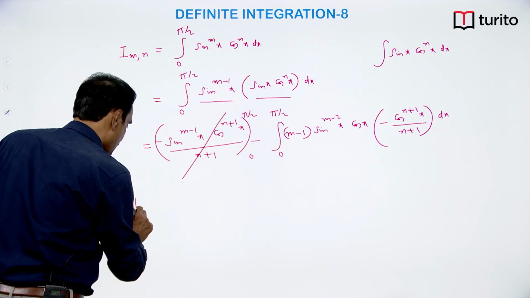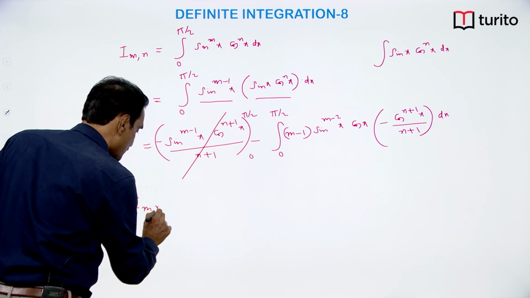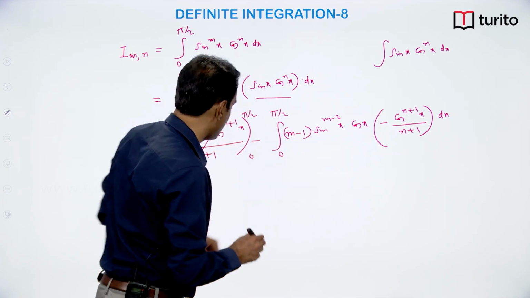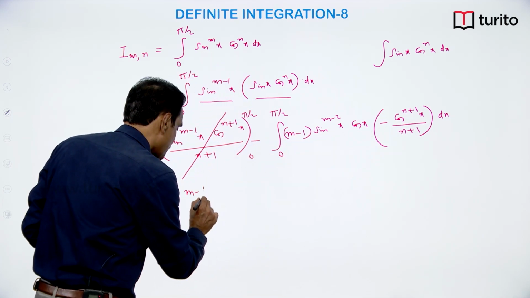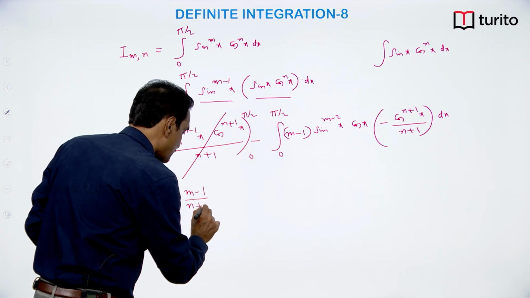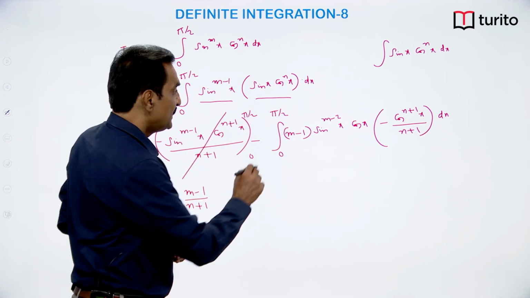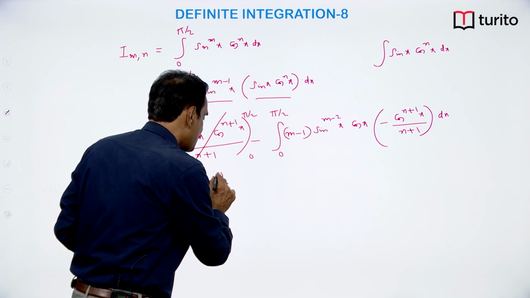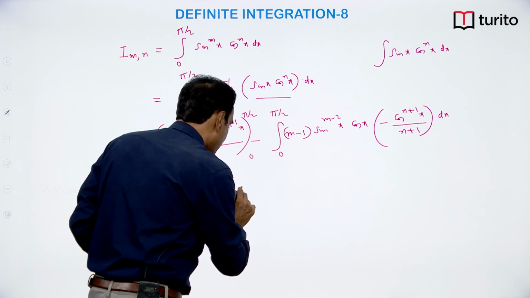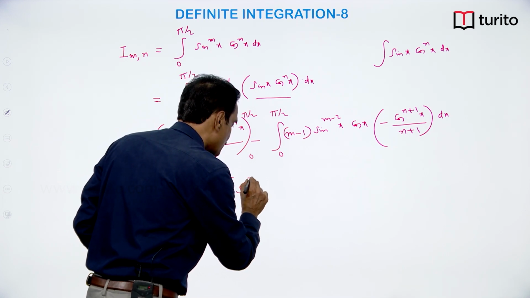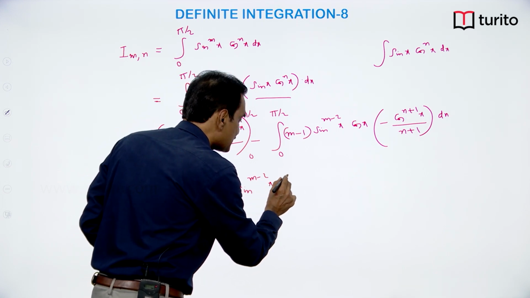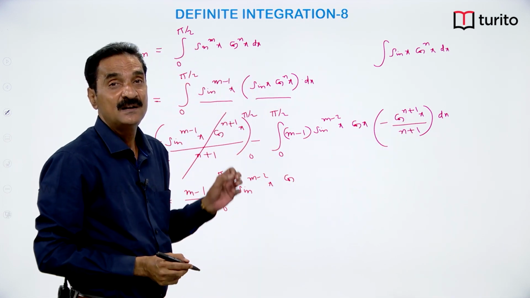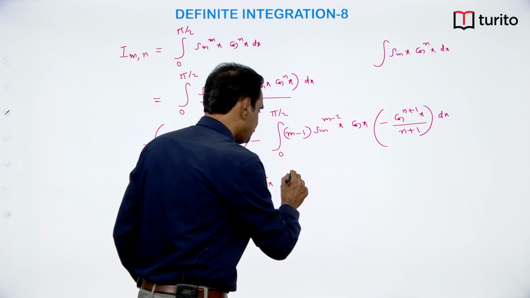Imn is equal to, take out the constants m minus 1 and n plus 1 into integral 0 to pi by 2 sine power m minus 2 x into cos x into cos power n plus 1 x is cos power n plus 2 x.